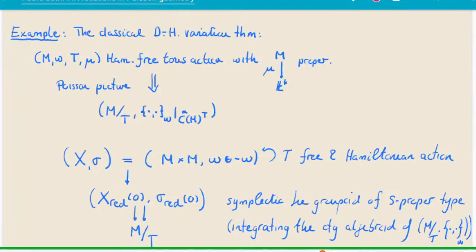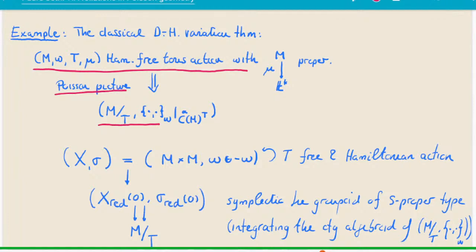Well, because if we have a free and proper Hamiltonian action of a torus, in the Poisson picture, we have to look at the Poisson manifold of the quotient of the manifold M by the torus with the corresponding Poisson bracket. And this is a Poisson manifold of s-proper type. That is, one can build explicitly a symplectic groupoid of s-proper type that integrates it.